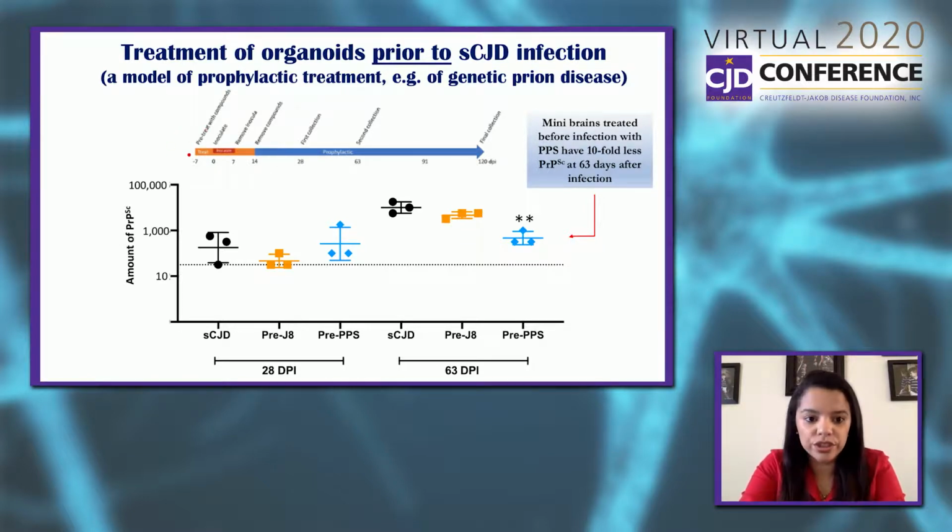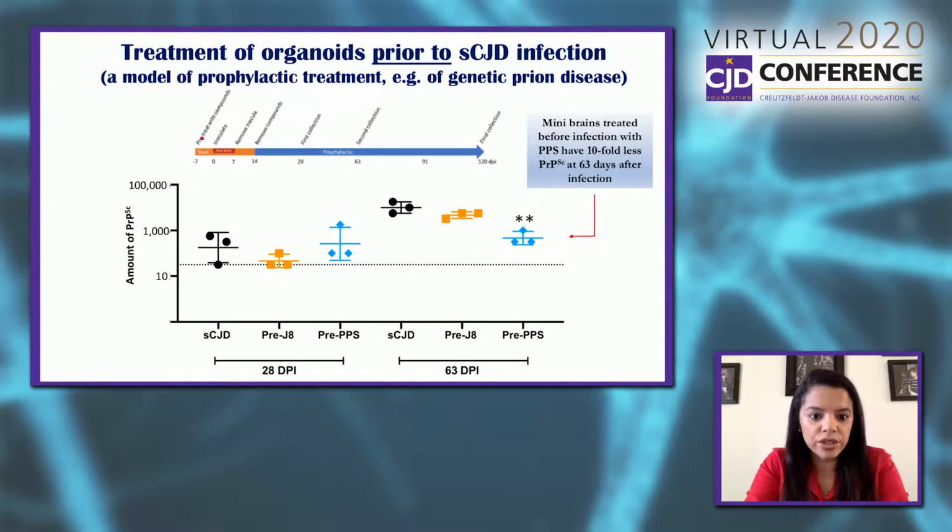I exposed these mini brains a week before infection to two different drugs, the J8, which is my lead compound, and PPS, the pentosan polysulfate, which is a known anti-prion drug, which works in cells, in animals, but unfortunately didn't work well in humans.